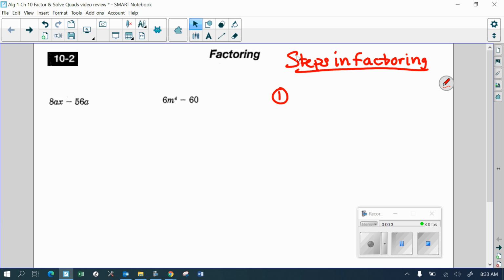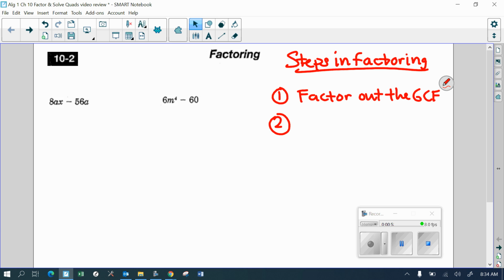So step one, factor out the GCF. So we're just factoring algebraic expressions or polynomials. We're not solving them. Factor out the GCF.